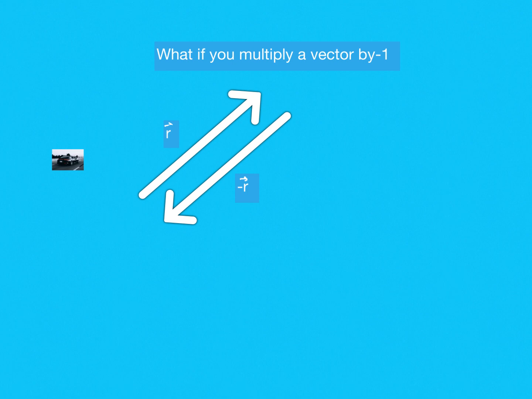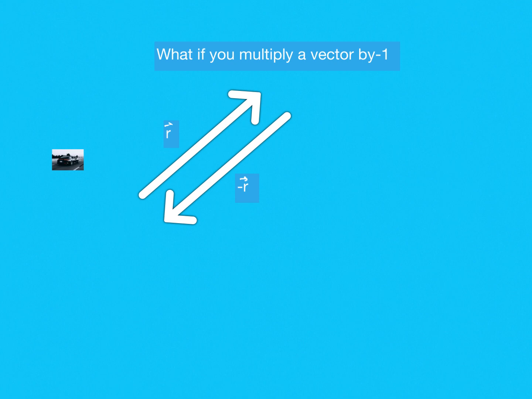Now, what does minus R mean? The vector R is the vector that has a certain amount of magnitude, let's say 5 meters maybe, in a certain direction. The vector minus R is the vector that has the same magnitude but opposite direction.